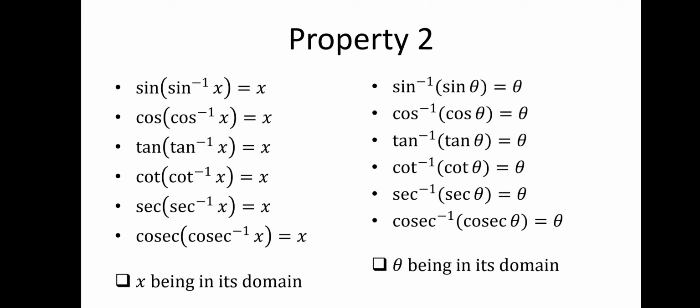For sine theta, the domain lies between minus 90 to 90. So I cannot take theta as any value which is more than your given set of limits. Fine. So these two properties hold only if my values are taken from where they should be taken, right?